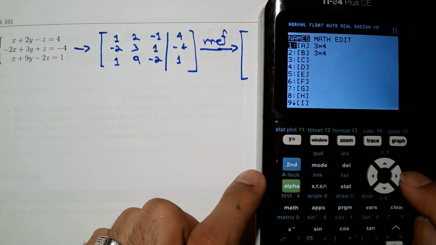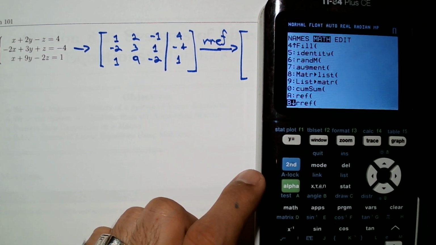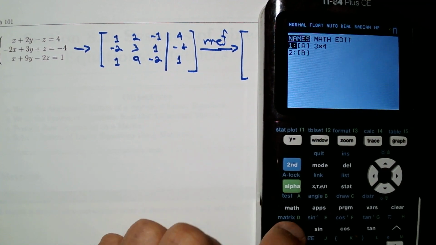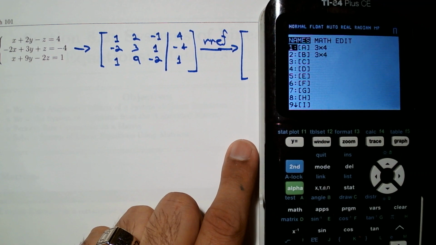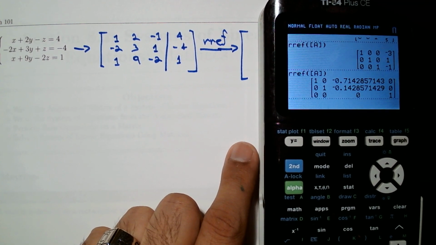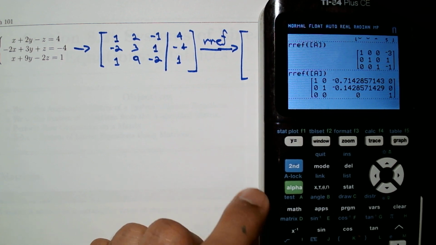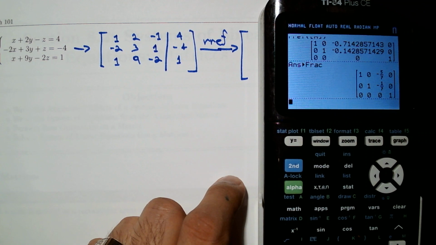Second matrix, I'm going to do a math operation, which is RREF. On the matrix A, which is the one I edited, choose it by name. And we're going to get something very weird. First of all, let me use the math frac command.